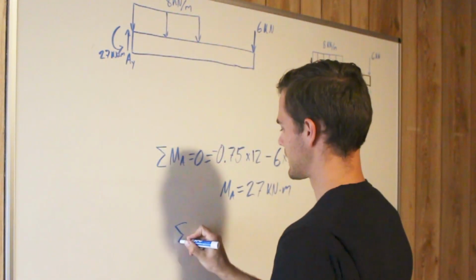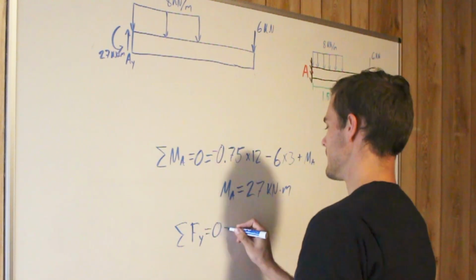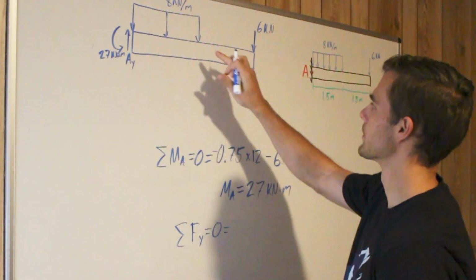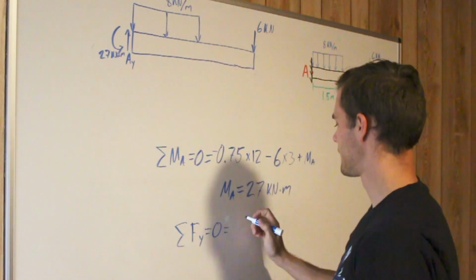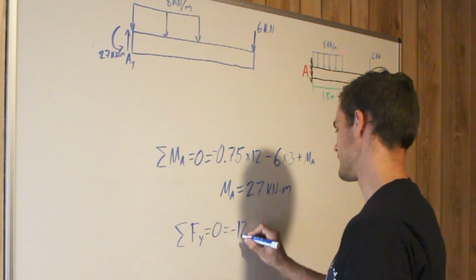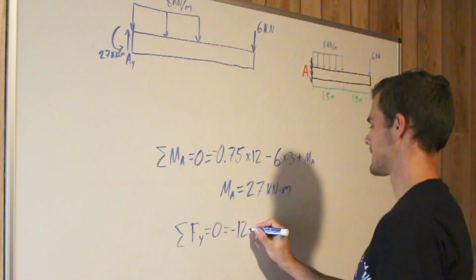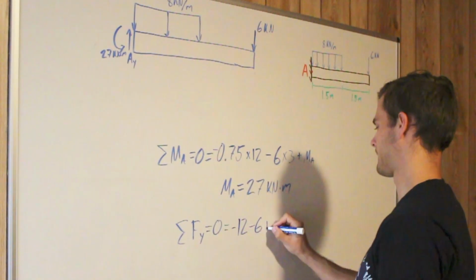Then we'll sum forces in the y direction, which equals 0. So we have, once again, 8 times 1.5, that's 12. We'll say it's negative because it's pushing down, or minus 6. And then we have our reaction force, A sub y.